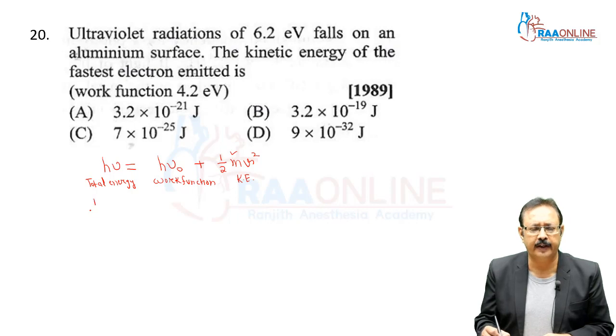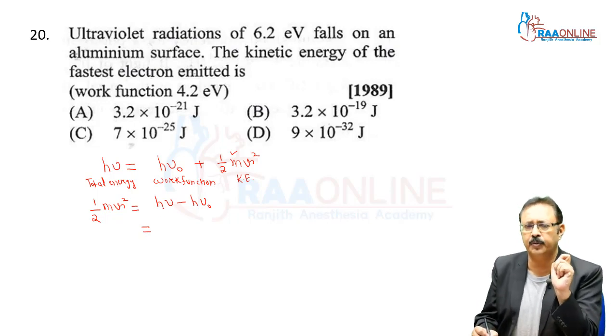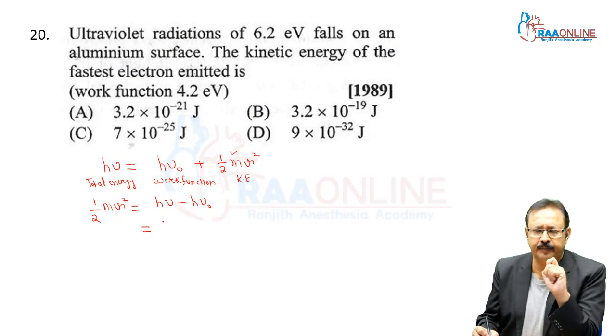So what we are getting? Kinetic energy of fastest electron is h nu minus h nu naught. It is given in electron volt. You send 6.2 electron volt radiation. He used 4.2 as a work function.